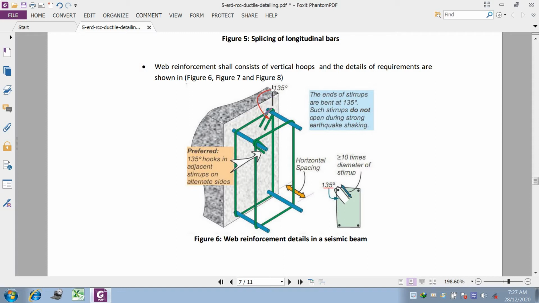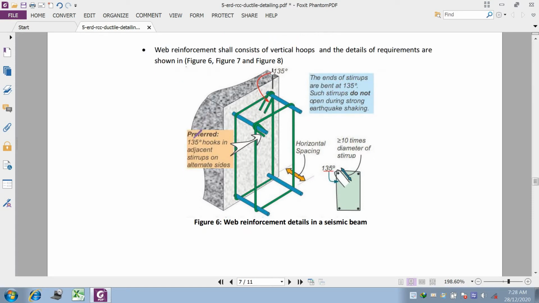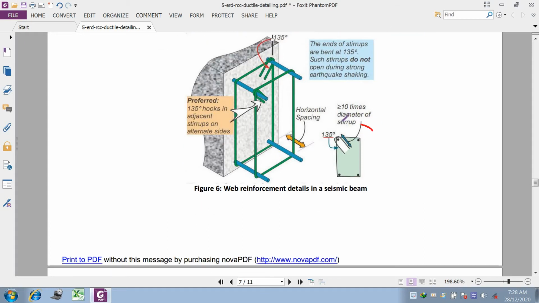Because of that the stirrups may break and topple out. To avoid this, the stirrup should be bent at 135 degrees. This is the preferred diagram, preferably 135 degree hooks in adjacent stirrups on alternate sides. This is a typical pattern given.